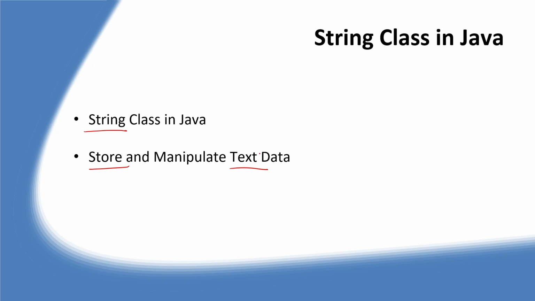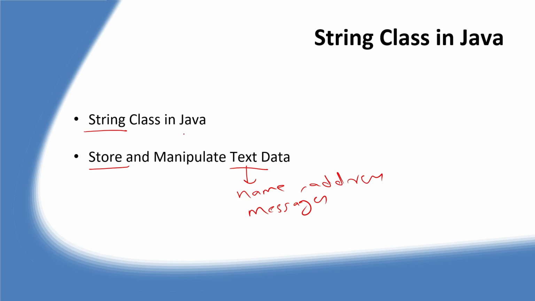So what do we mean by textual? It can be anything like a name, address, messages, or any other types of data. In Java, strings are represented using the String class.